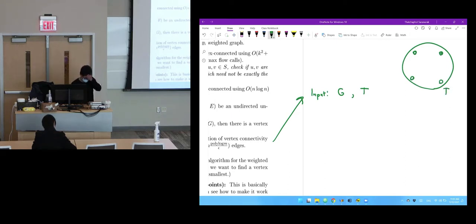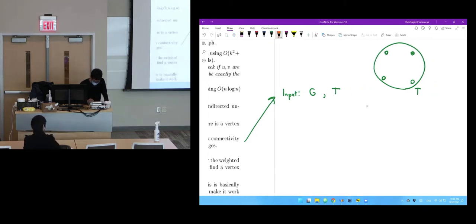What we want to do is, maybe I start by defining the isolating cut.